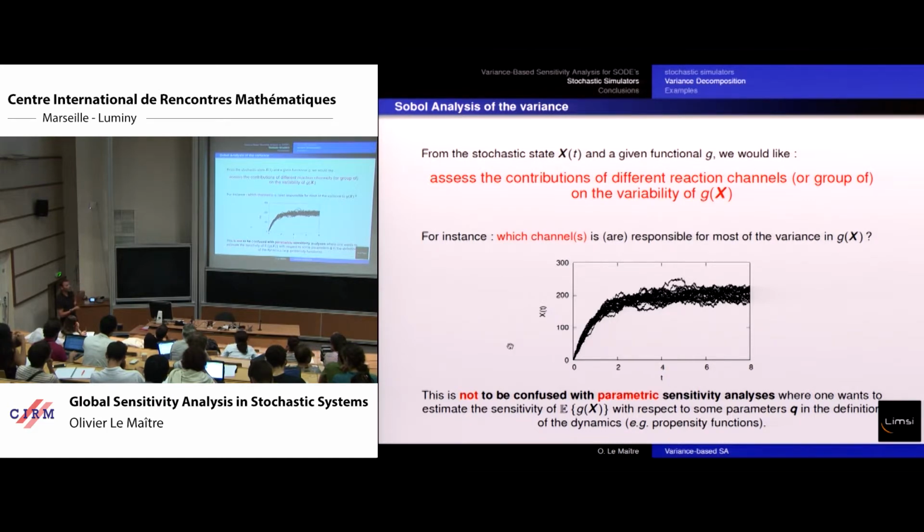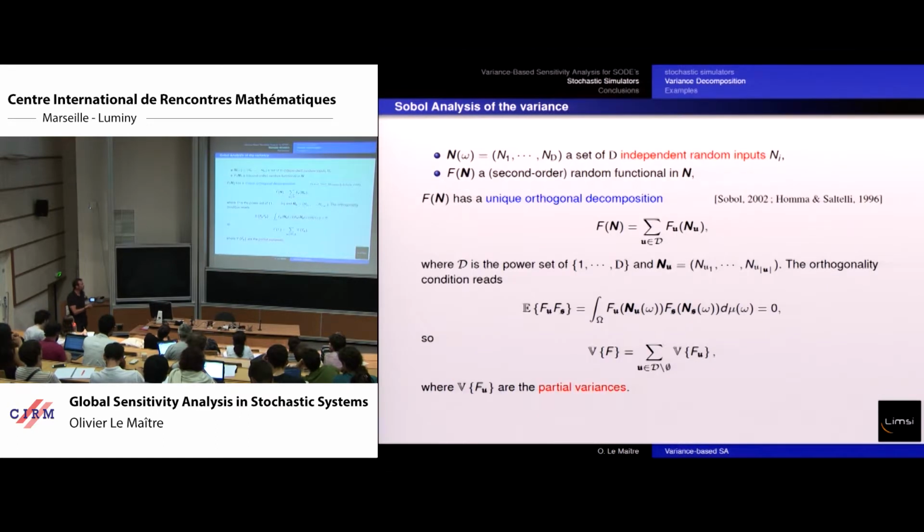Here's a typical example of a set of trajectories. You have two reactions here, and how to distinguish the effect of the two is really unclear. So let me generalize a little bit more the Sobol-Hoeffding decomposition.